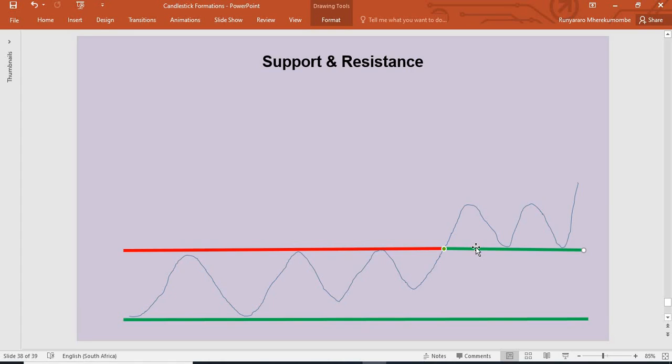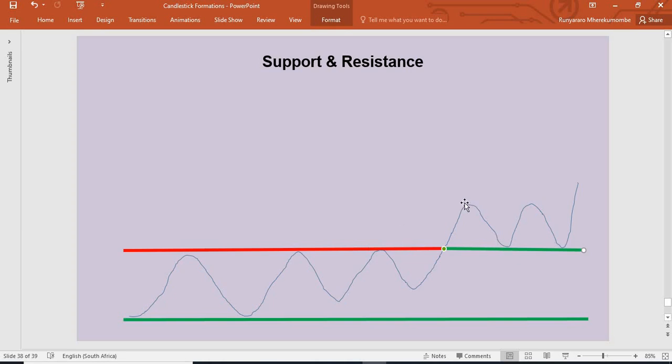Now from here we can see that if support or resistance is broken by price, then it becomes the opposite level. So when resistance is broken, it becomes the support.